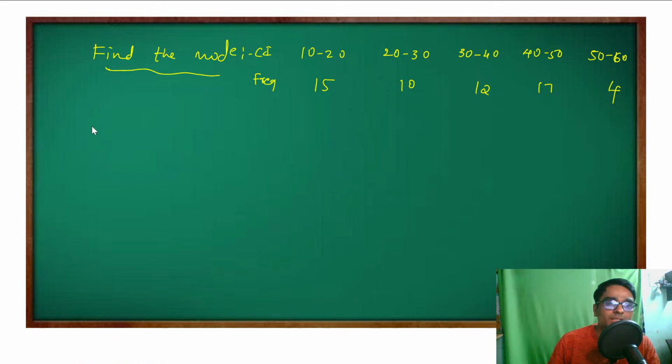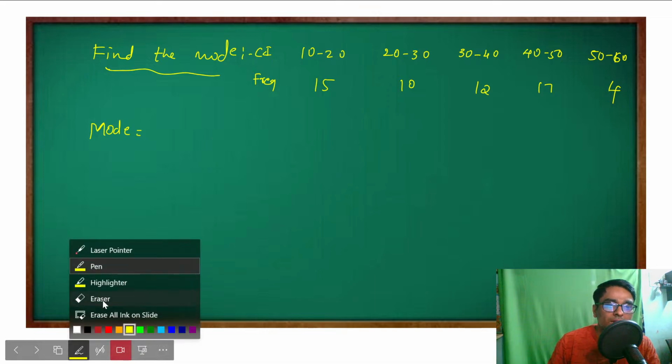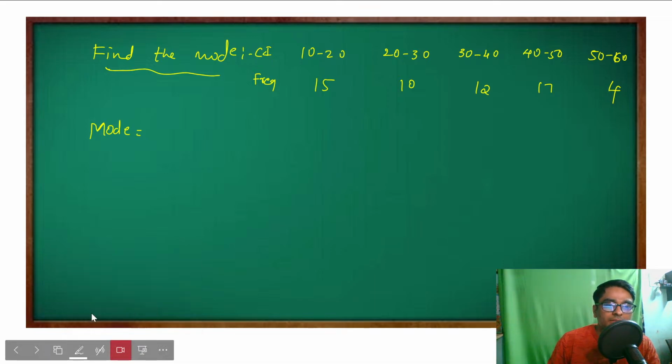Okay, so first, mode is equal to, we have a formula for mode, right? The formula you should know first. And one important thing is to find the modal class here. First we have to find the modal class. What will be the modal class always?